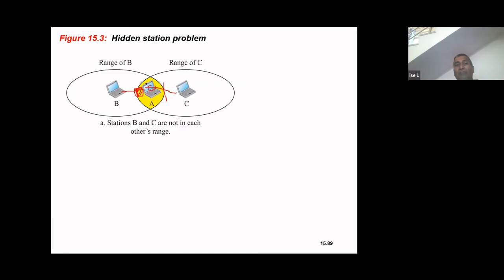Now at one point of time, both the signals from B and C collide, and A will not understand the signal from either B or C. So this is called the hidden station problem, right?